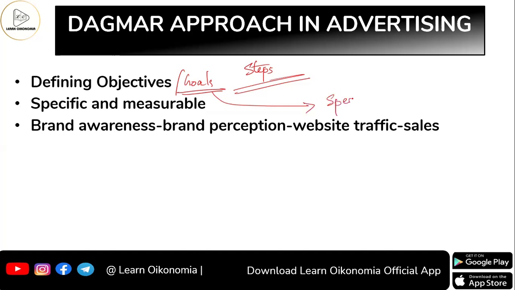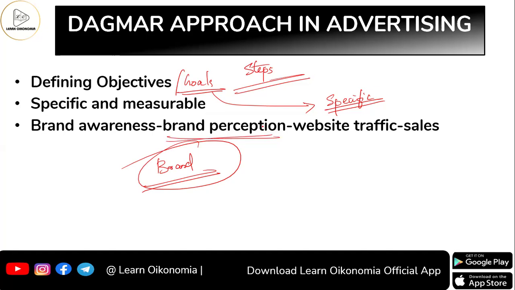Instead, it will go for some specific goal. The company always wishes to build some awareness regarding the brand of the product. You call it brand awareness. And once the people have brand awareness, the company tries to build something called perception regarding the product of the company, which you call brand perception.